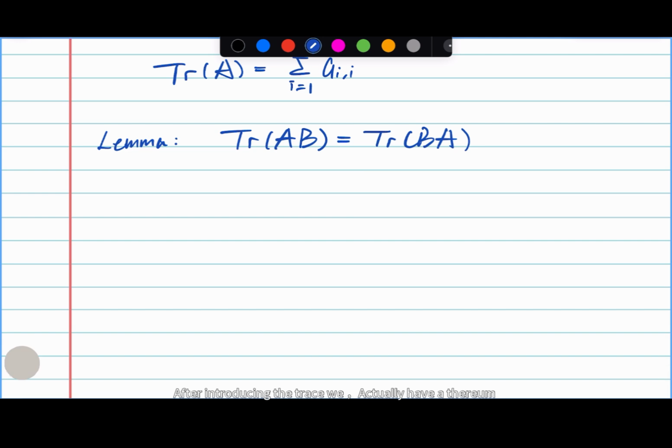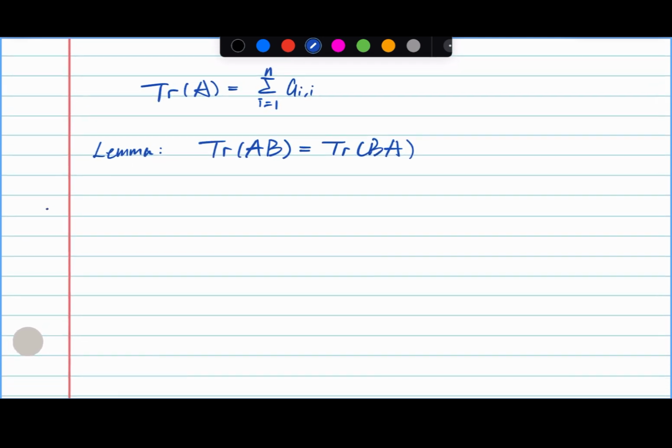After introducing the trace, we actually have a theorem related to the eigenvalues. Say A is n by n, and lambda 1, lambda 2, all the way to lambda n are its eigenvalues.